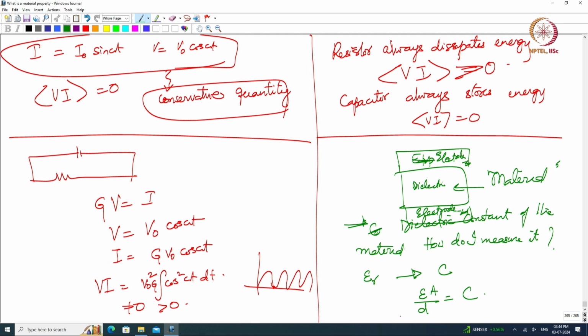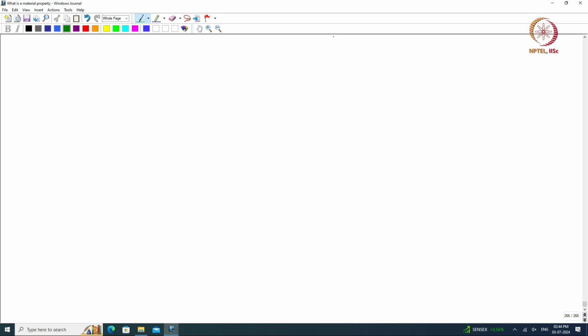So, epsilon A by D is C, or epsilon naught epsilon r A by D is C. This is standard electrostatics. We have seen this in the earlier part of this course also. So, I just need to measure the capacitance to measure the dielectric constant.